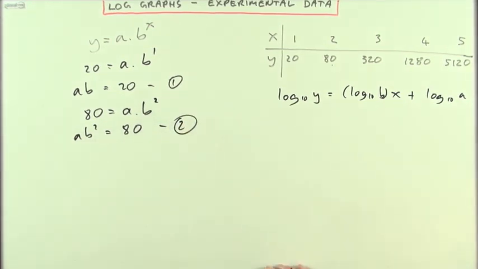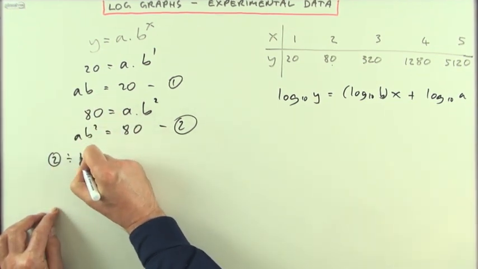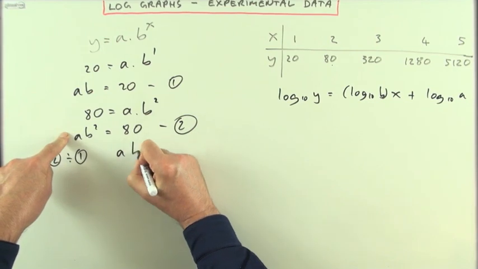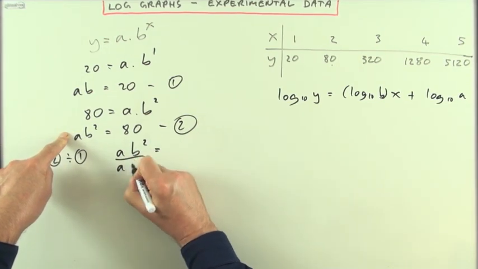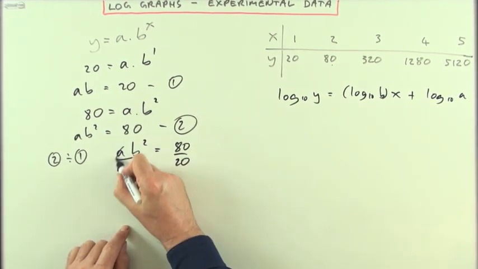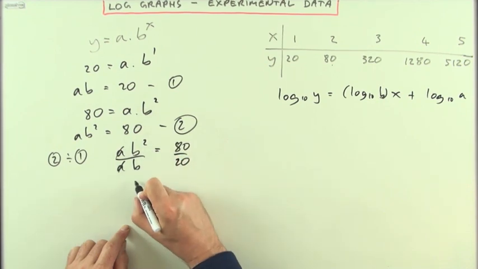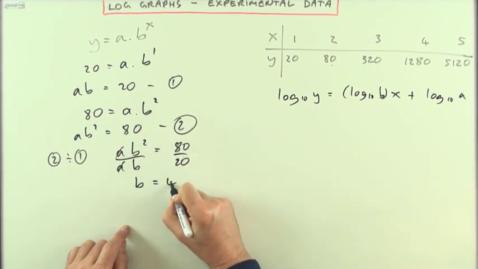And the same as in the other technique, dividing the terms will knock out the a's here. So if I do 2 divided by 1, I'll have ab squared over ab equals 80 over 20. The a's will cancel out. The b to the power 1 will knock out one of those, just leaving me b equals 4.